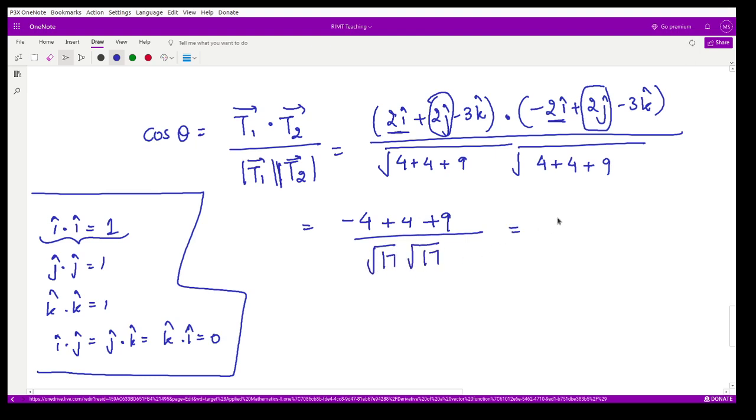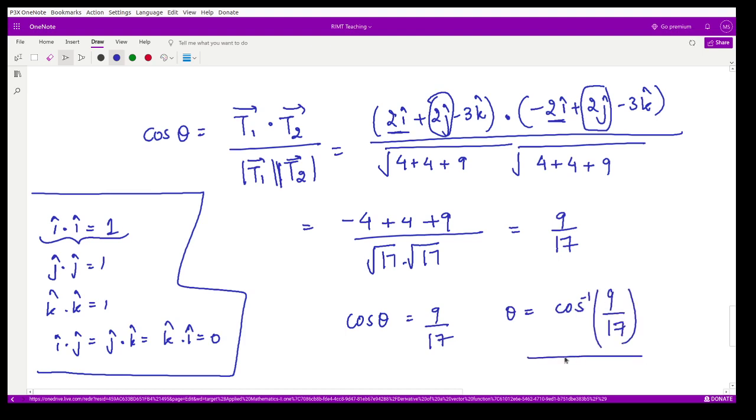So this is going to be 9 divided by 17. So your cos theta is equal to 9 upon 17. Therefore your theta is going to be cos inverse of 9 by 17. So this is the angle between the two tangents, right?